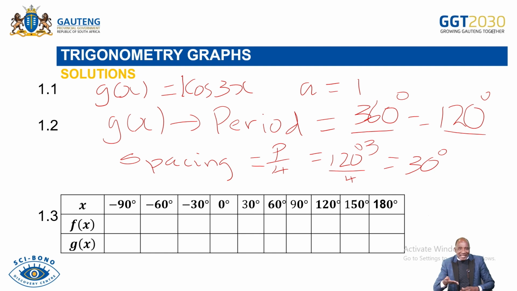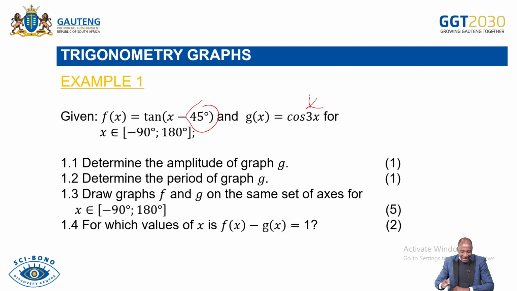But if you have been here before, you can straight away go to the calculator and punch. Otherwise, let's try to complete that table. Your functions are f of x equals tan x minus 45. The other one is g of x equals cos of 3x.